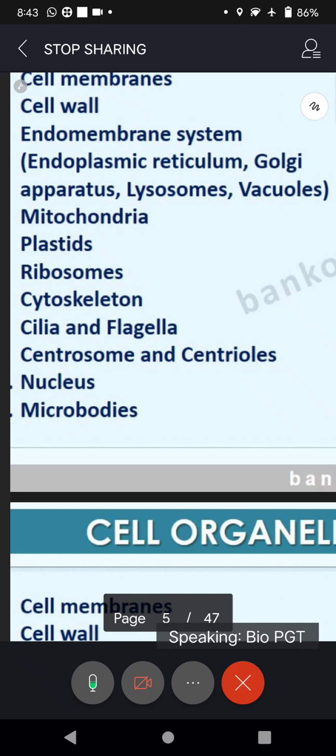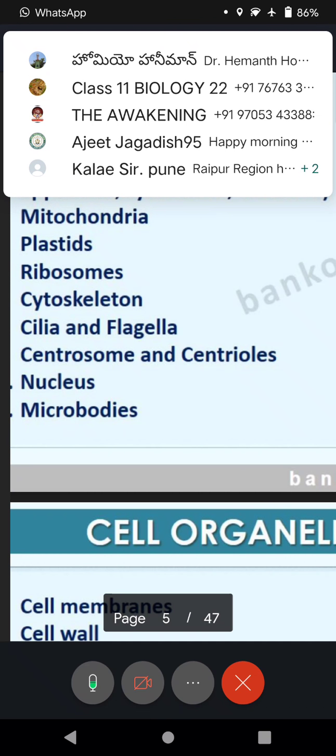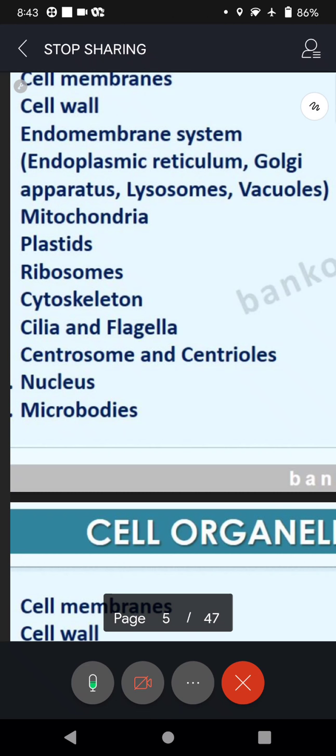Similarly, lysosomes are given a tag: suicidal bags of the cell. Means they collect all the waste material, go to the surface area and blast themselves, break themselves. Since they are breaking themselves, it's almost like a suicide, atmahatya.